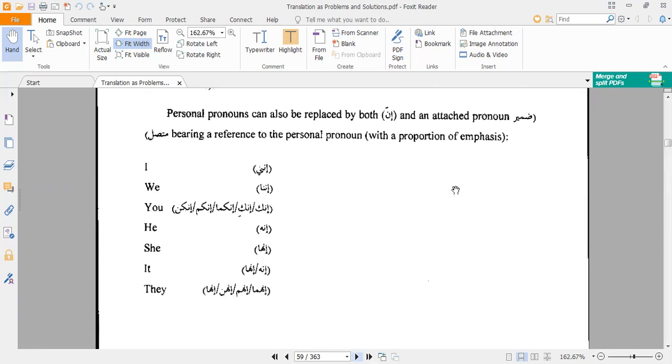Personal pronouns also can be replaced by إن والضمير. لو قلت أنا I فممكن أن أحكي إنني، we إننا، you إنك، إنكما، إنكن and so on.